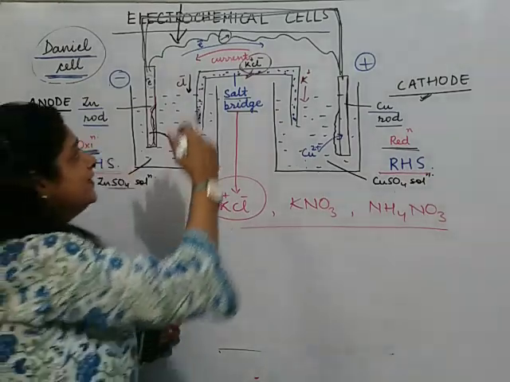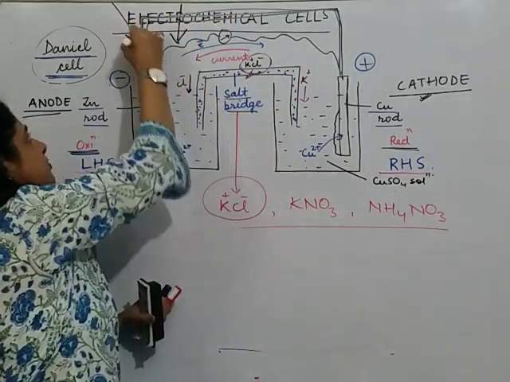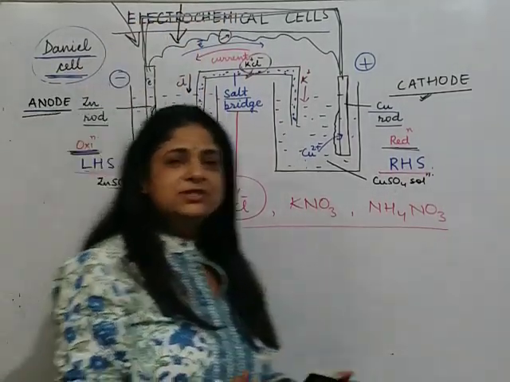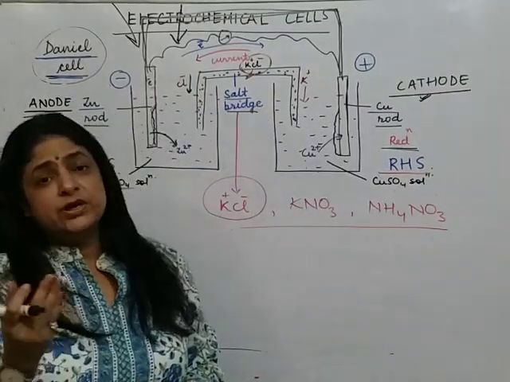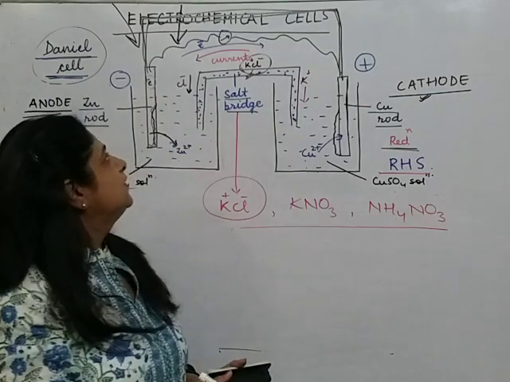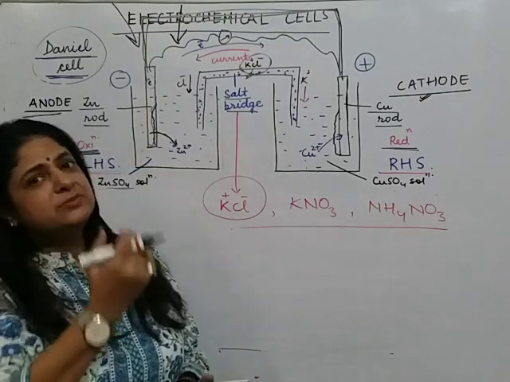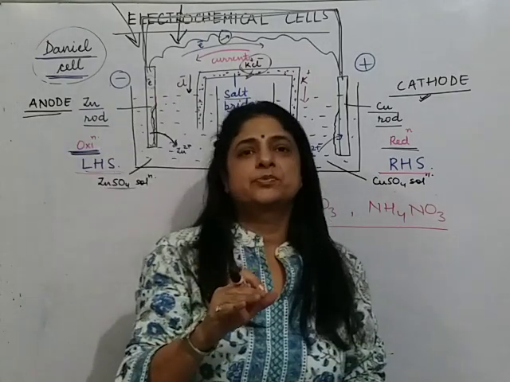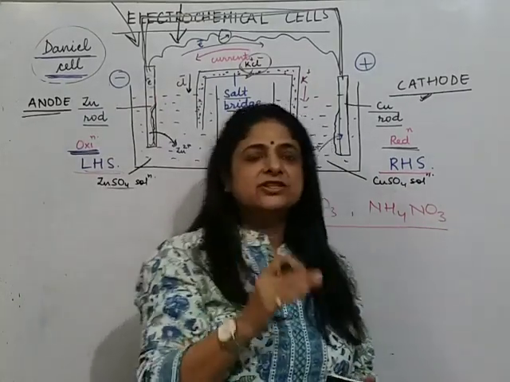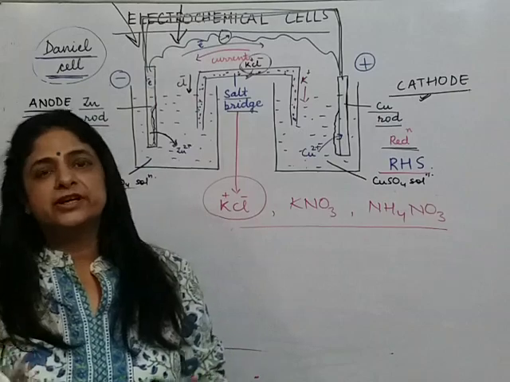Now, when this opposing potential becomes equal to the potential of the cell, which we call the EMF of the cell, what would happen? The reaction would stop. We know that. So the reaction would stop, no more current would flow.